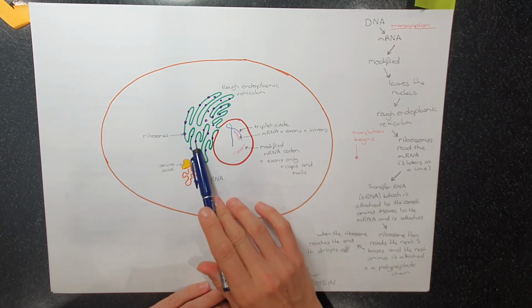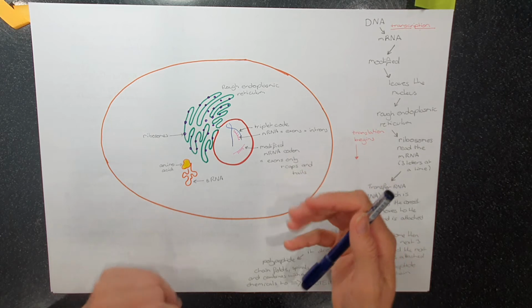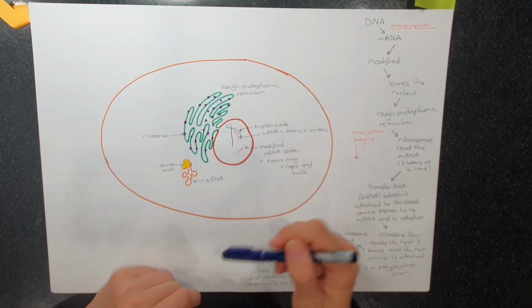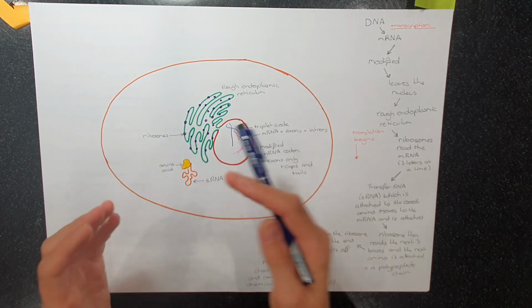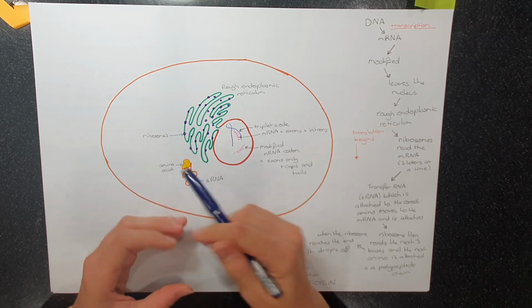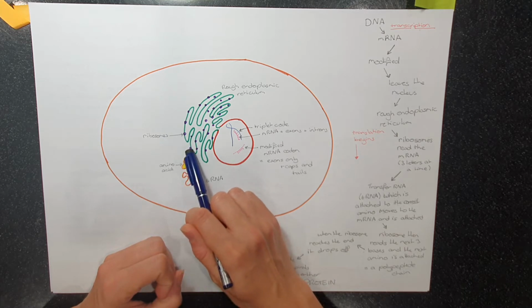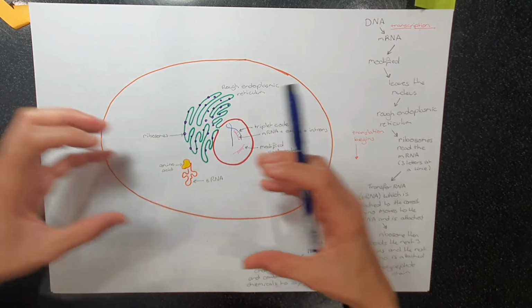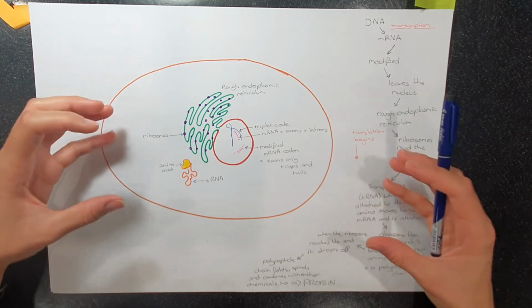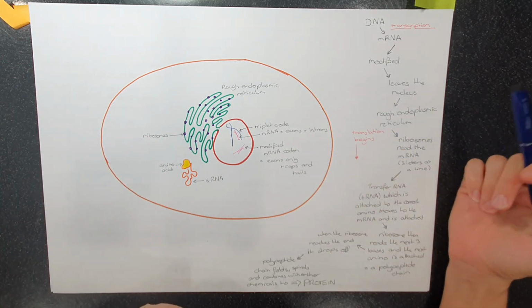So as the ribosomes read the mRNA strand that's been manufactured in the nucleus, as it reads one block of mRNA, it will then signal out, and the tRNA will then bring the amino acid to the ribosome, where it will start to put together the amino acids into a chain, which we call a polypeptide chain.